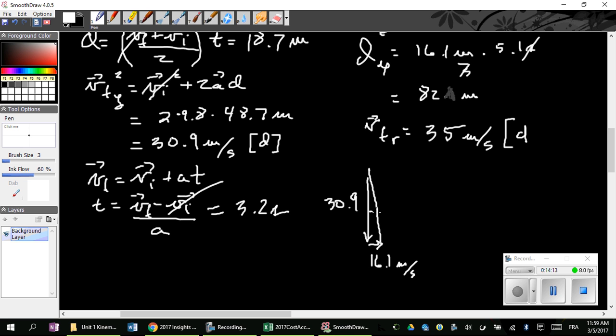But now what's my angle here? So you'll do whichever, cos or tan or sine, it doesn't matter. I'm using a lot of cos recently, no reason why. So cos of theta is 30.9 over 35. I should have kept a sig here.